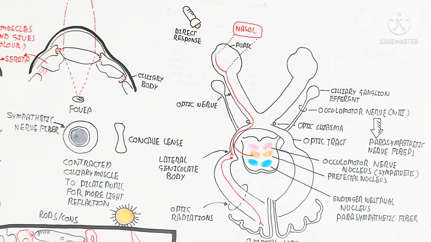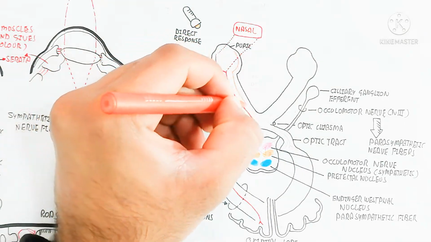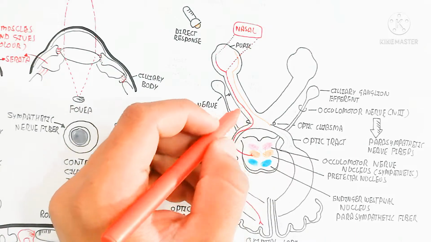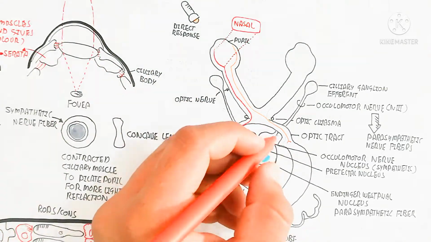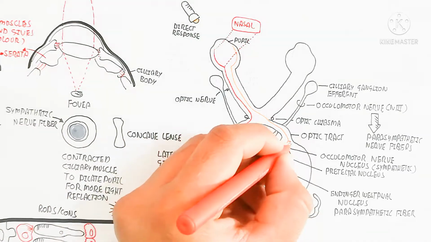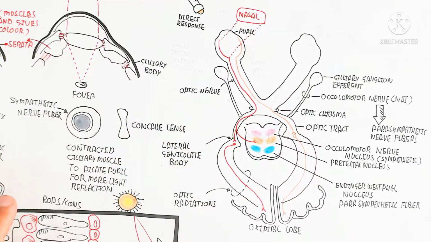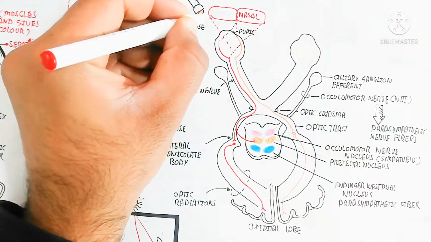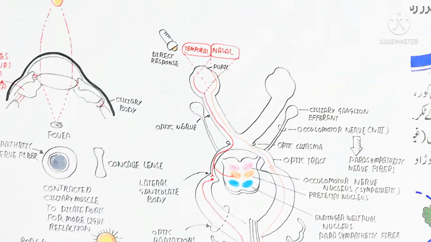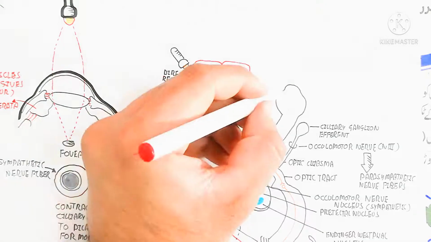The nasal field will occur, but the temporal field is different. Here you can see the optic nerve will move from the left side to the right side. So the right side of the geniculate body will interconnect, and in this way the occipital lobe will be accessed. So this field is the temporal field of the eye.